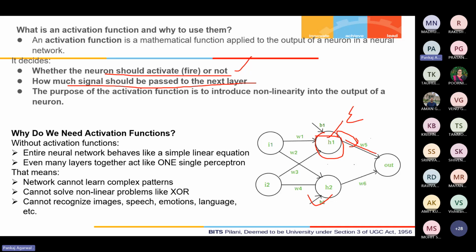Should I pass whatever I received, or should I cut down something, or transform it into something? So we started talking about transformation, right? For example, I would apply a simple sigmoid function. So sigmoid is a transformation. What I received would get transformed into another form. So transformation is the second part, right?